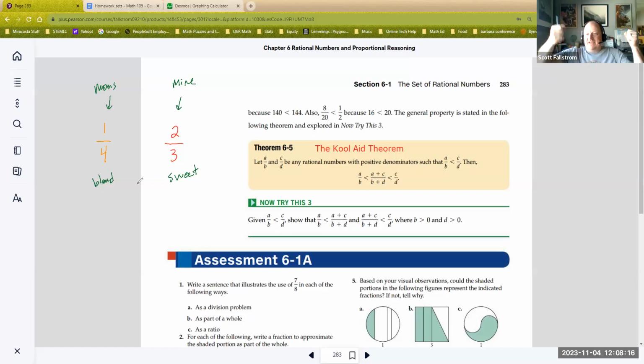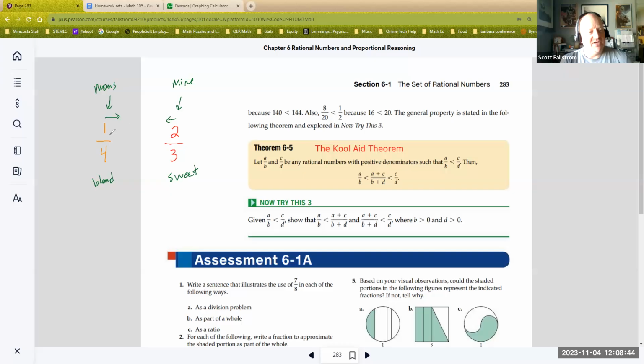Well, what happens if you take something that's sweet and you mix it with something that is not as sweet? The sweetness factor goes down. So if I start mixing some of mom's in with mine, my sweetness is going to be closer to mom's. But if you mix it with mine, it's going to be sweeter than what she had to begin with. So both of them are moving in one direction towards this new type of Kool-Aid.